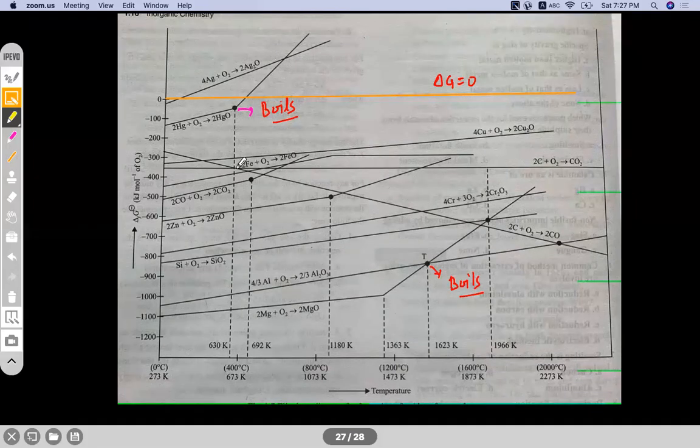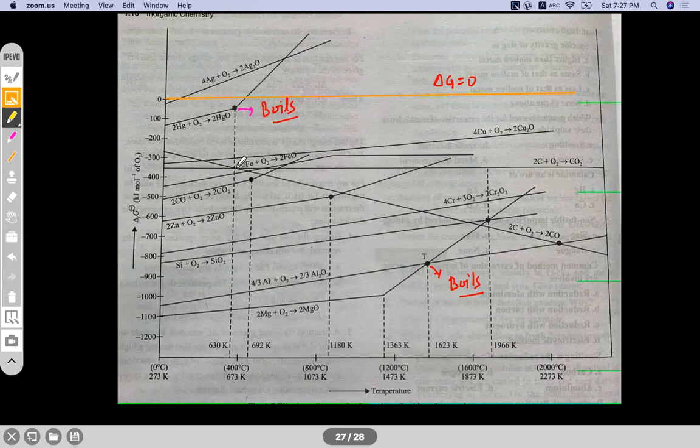We have the two reactions, CO and CO2 reaction, this one. So this temperature is around 630 Kelvin, so slightly above this, around 700 or 710 Kelvin, the reaction gives CO2. We have this reaction because the line is below, right?